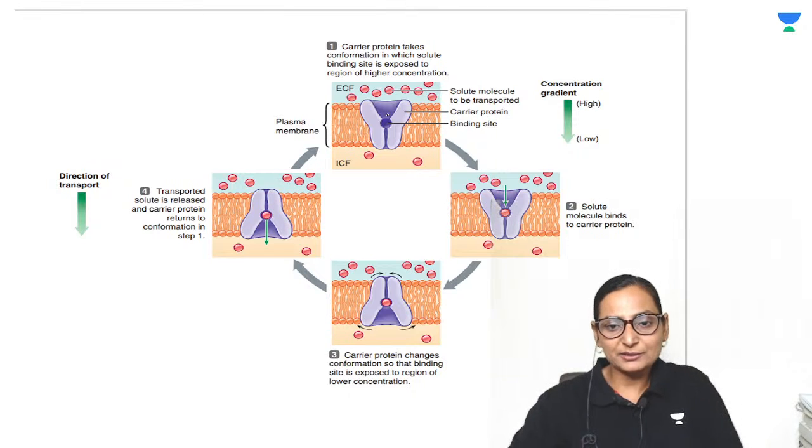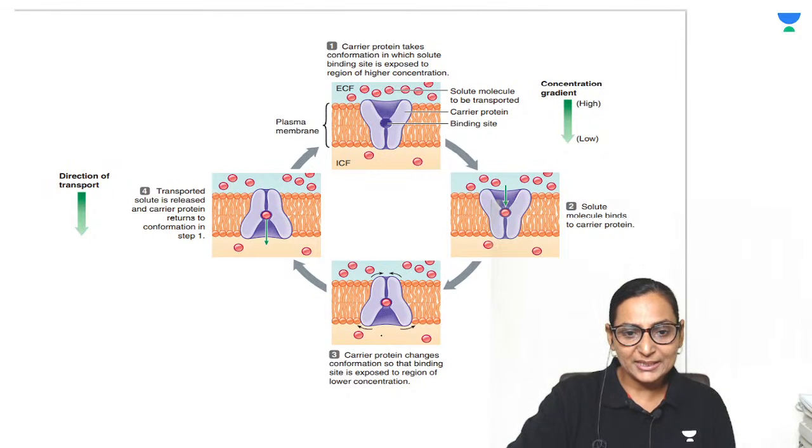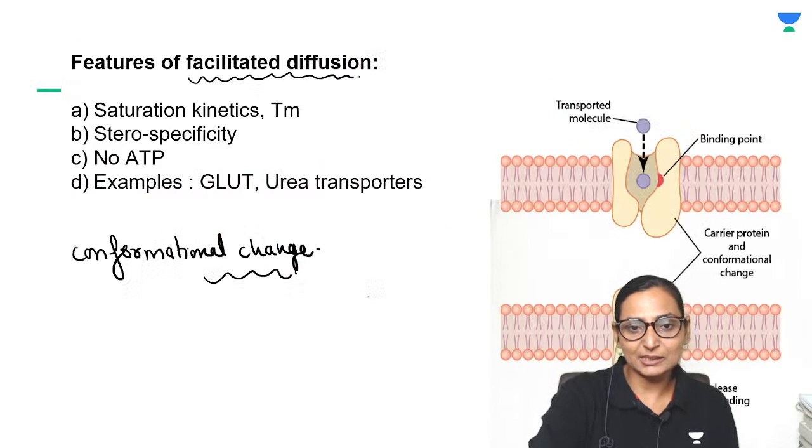As the substance binds to the site of the carrier protein, there is going to be a conformational change and this is going to release the substance. So simply a conformational change, and there is no other changes taking place. No ATP is required. This is the basic thing, that no ATP is required.